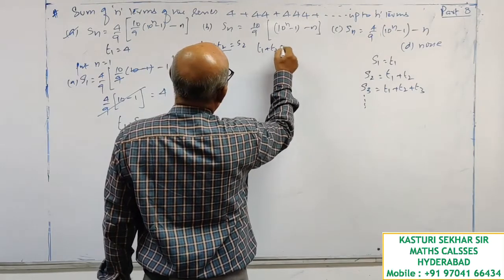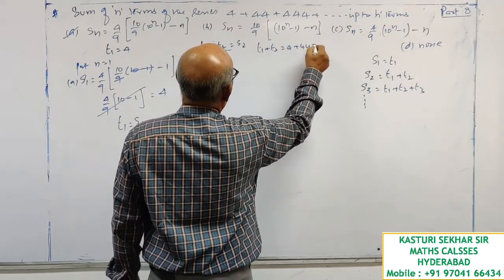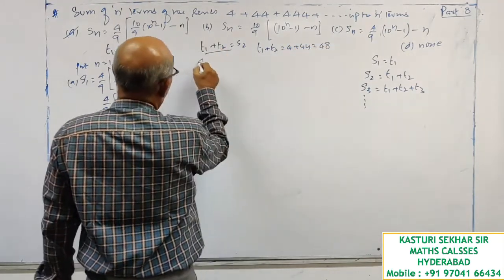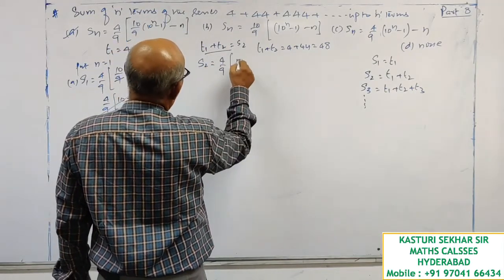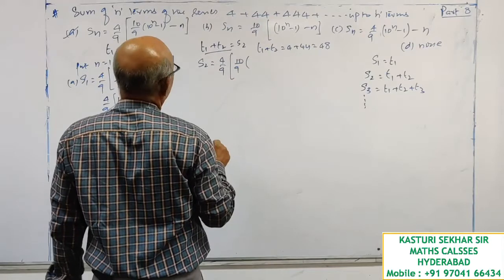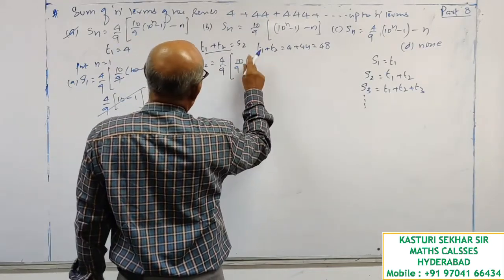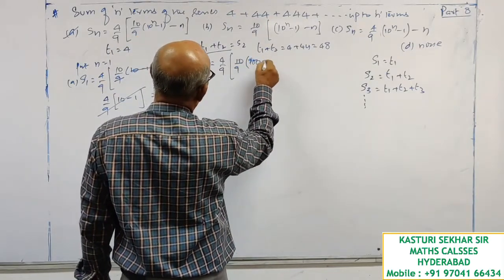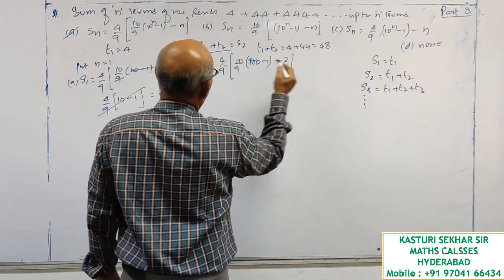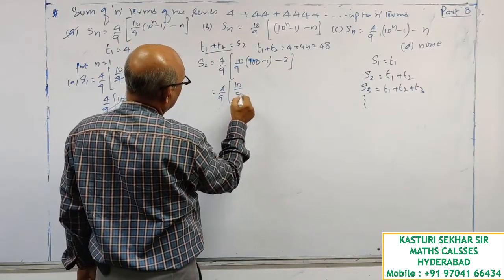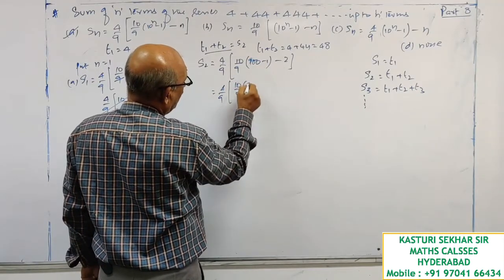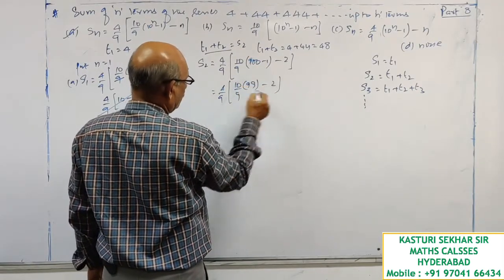So T1 plus T2, 4 plus 44, 48. S2 is equal to 4 by 9, 10 by 9 into 10 square, 100 minus 1, minus 2. 100 minus 1 means 99, minus 2.